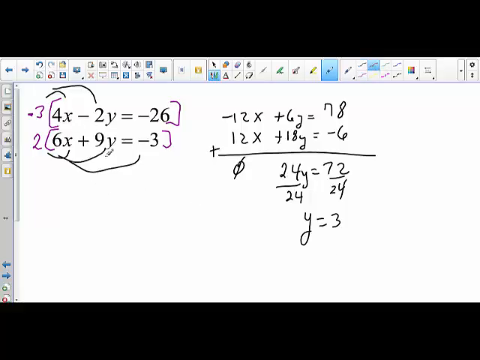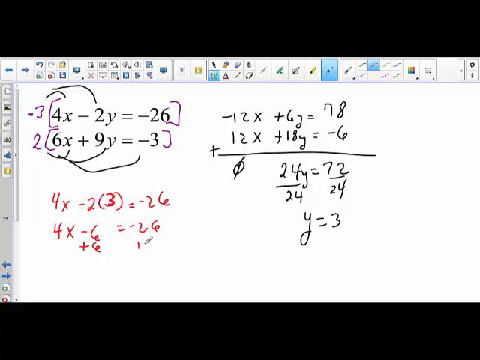Once I've figured out what y is, now all I have to do is substitute the 3 either into this equation for the y variable there or into this equation in place of y there. I'm going to put it in the top one. That's positive 3 equals negative 26. So 4x minus 6 equals negative 26.